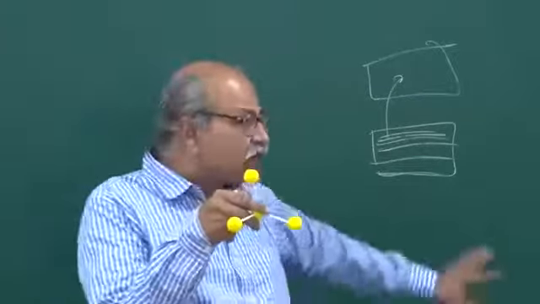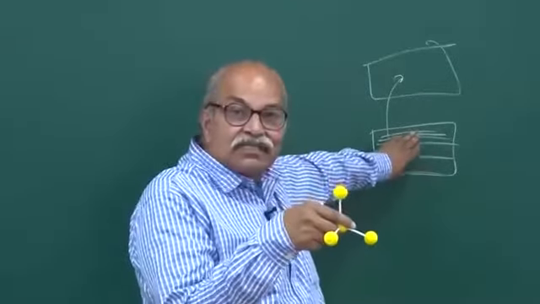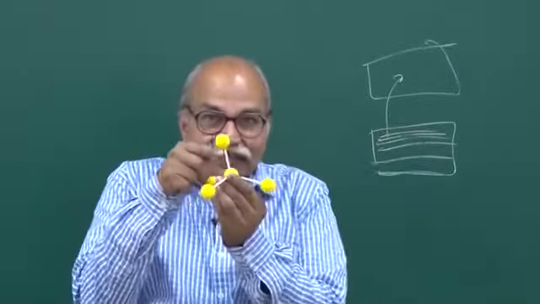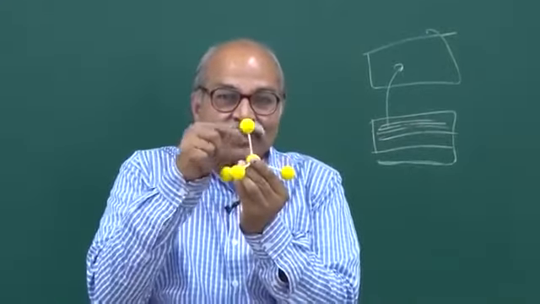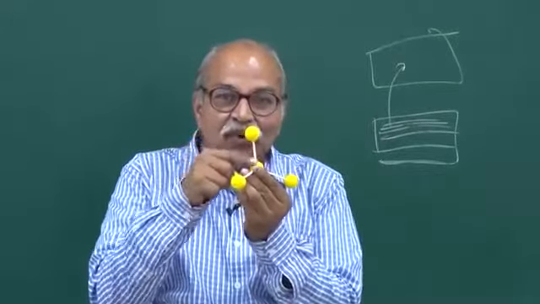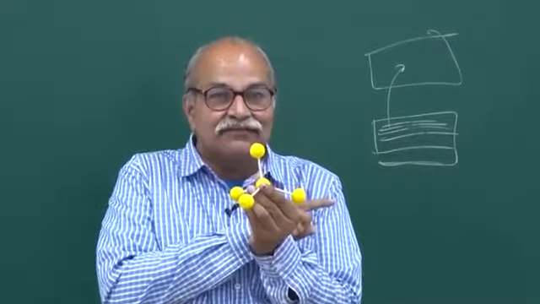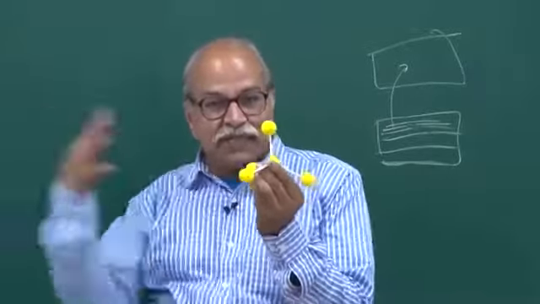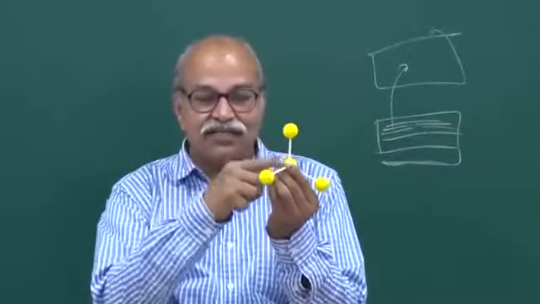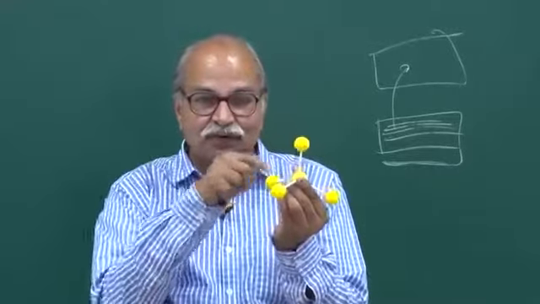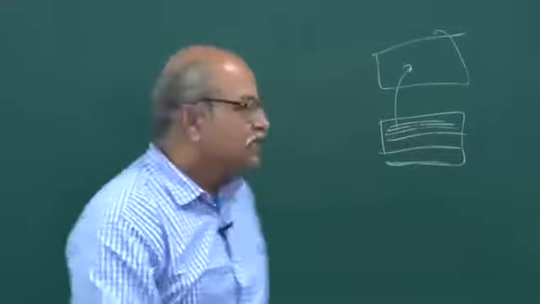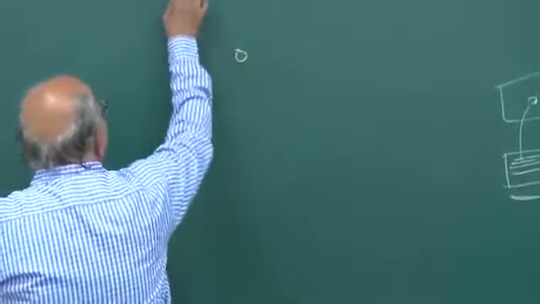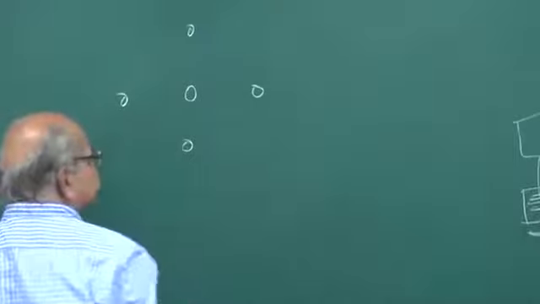These valence electrons, where are they? These electrons are in these covalent bonds. So electrons participating in the bonds, they are there. If I draw a 2-dimensional picture of this, each silicon is bonded to 4 of them. So for discussion I can draw a picture like this: 1, 2, 3 and 4.